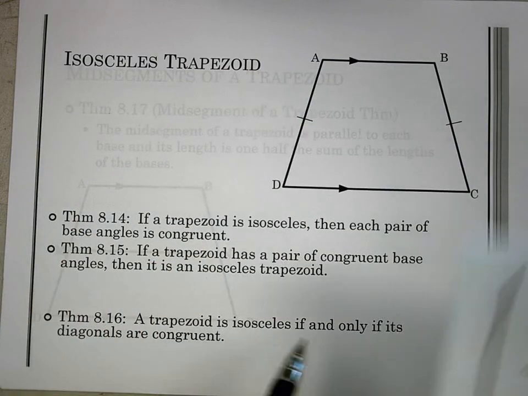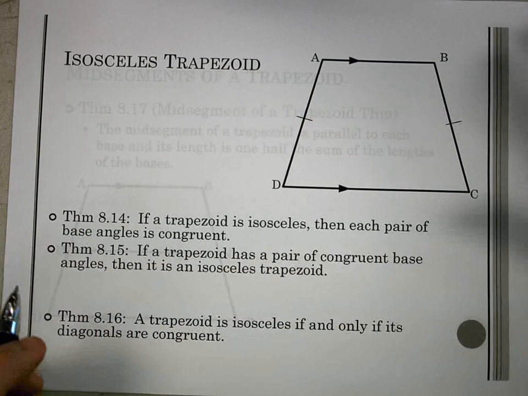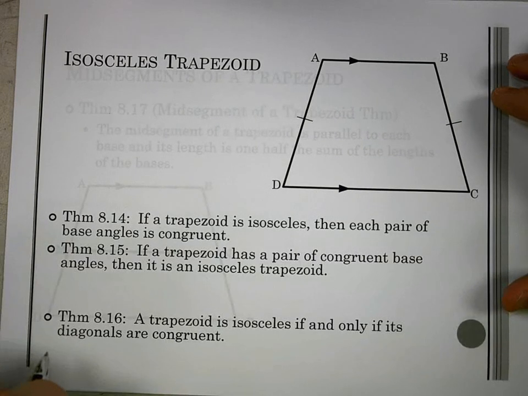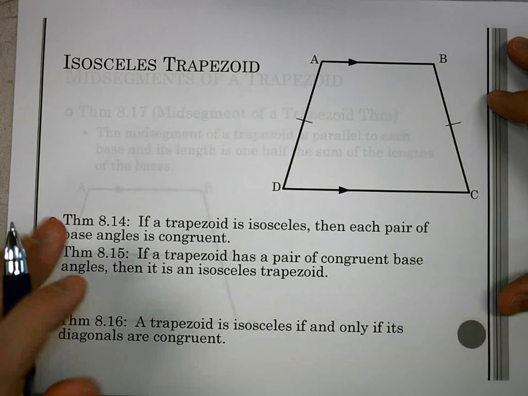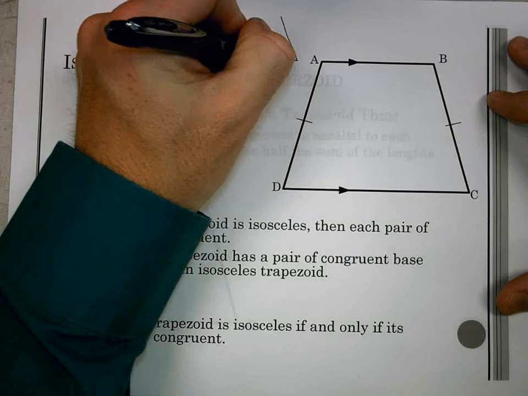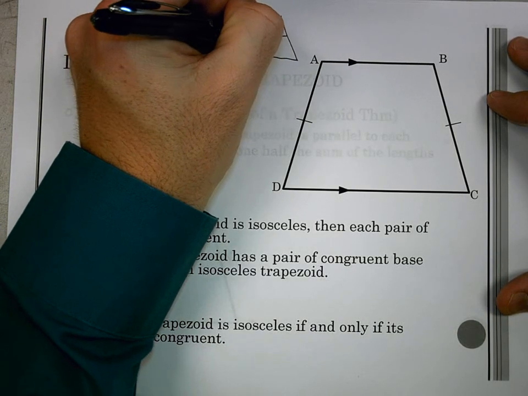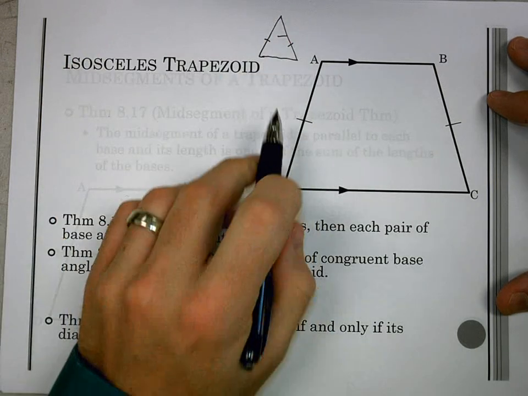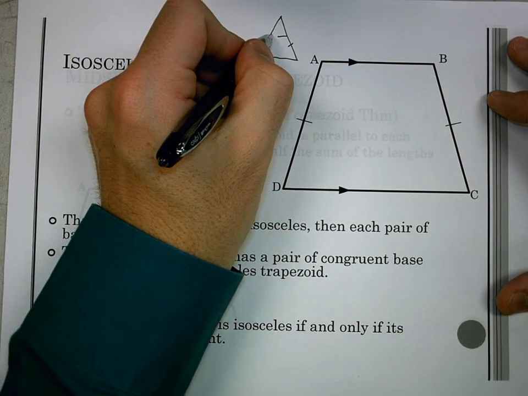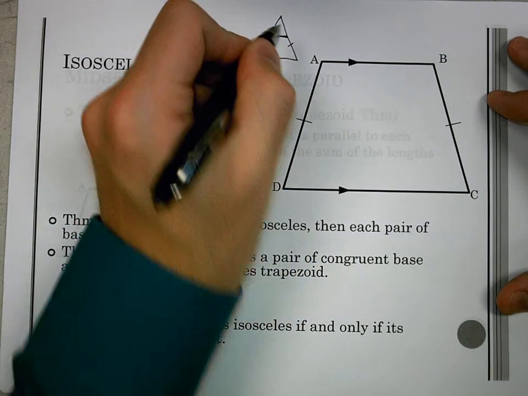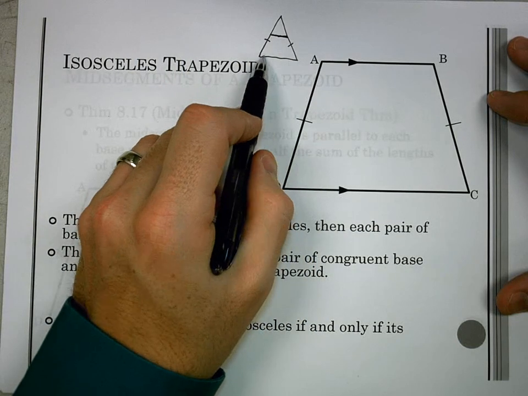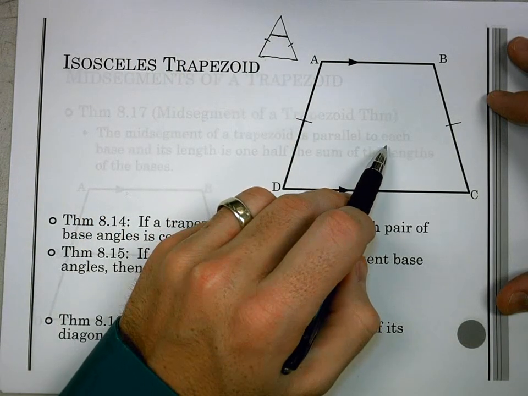Now, another trapezoid we have, and this will be a special case, will be an isosceles trapezoid. We have seen isosceles before, when we talked about triangles. If I were to take an isosceles triangle and cut a parallel line across, I would essentially have an isosceles trapezoid, which is what we have here.